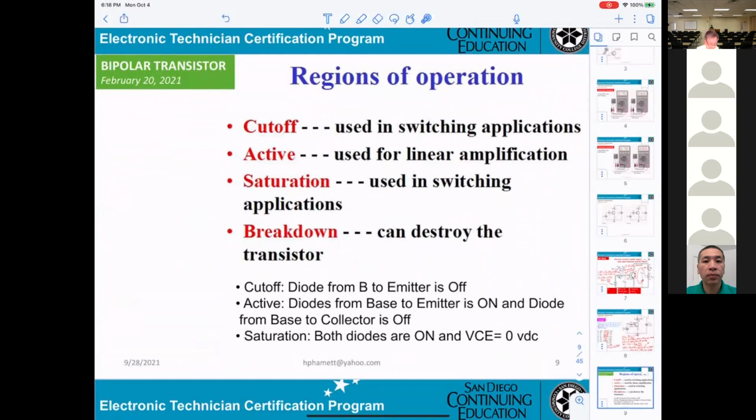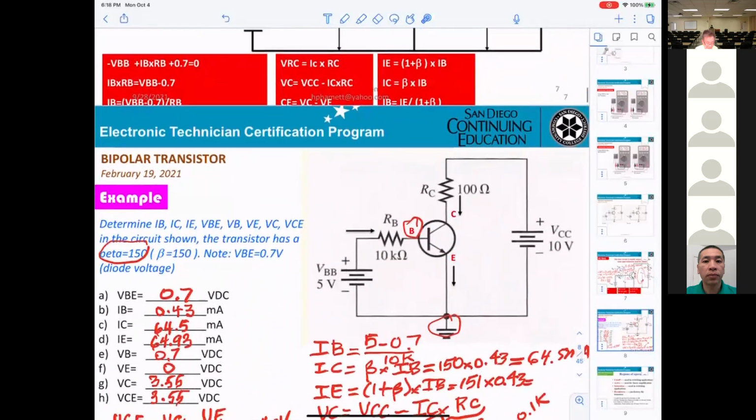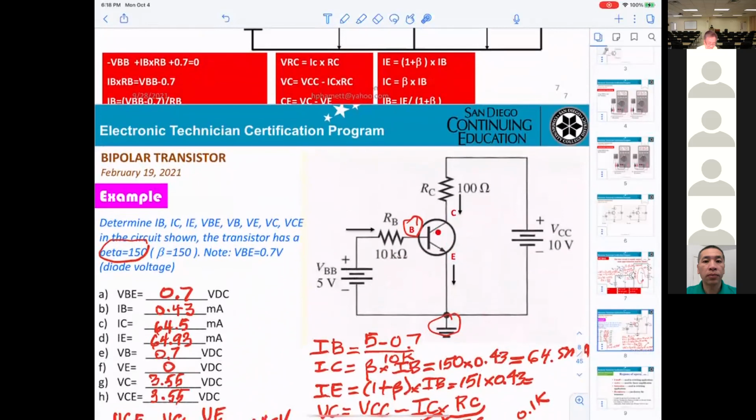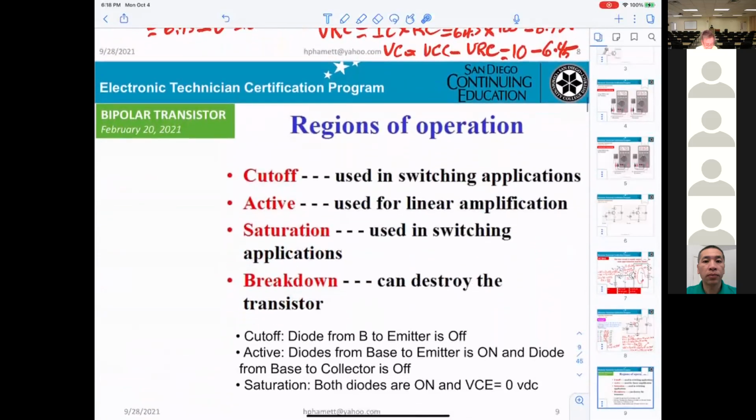So the diode from the base to emitter is on, and the diode from the base to the collector will be off, or reverse biased. Only this one is on, this one will be reverse biased. Then they will be working like an amplifier.